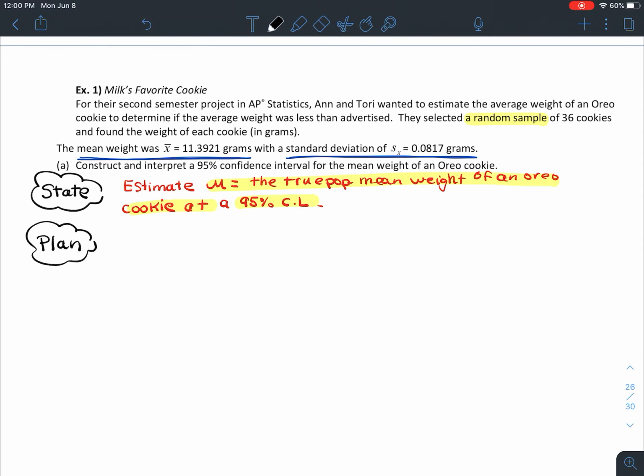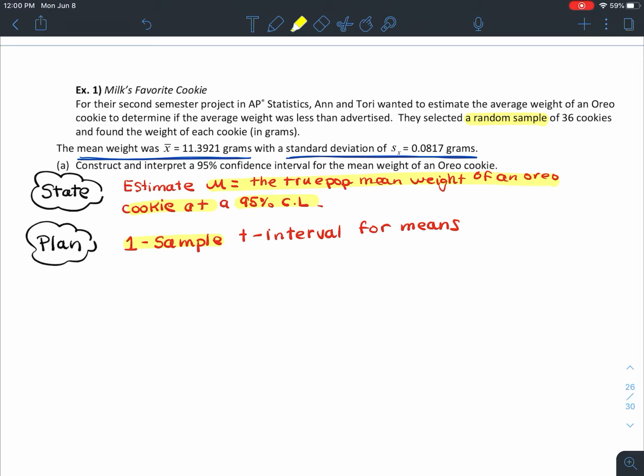There are also 2 overarching elements to the second step, which is the plan step. One of those is that we state the specific name of the inference procedure. This is called a one sample t interval for means. You want to make sure you include all of these elements.